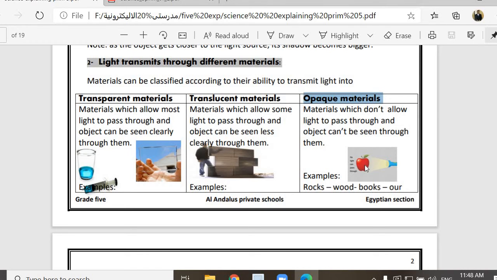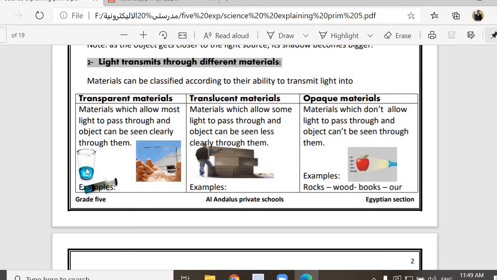This apple is opaque, so we cannot see the light behind it. Translucent materials are materials that we can see the objects behind but less clearly. But with transparent materials, we can see the objects behind them clearly and easily.